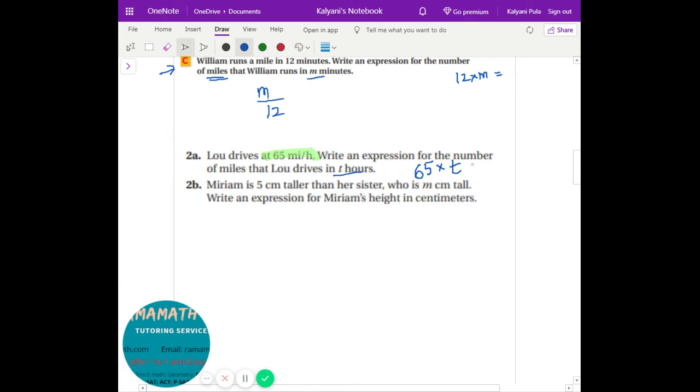If I write it the proper way, 65 miles per hour times t hours, you can see the hours cross out. You can write it as 65t miles. That's the total distance that we'll be traveling.